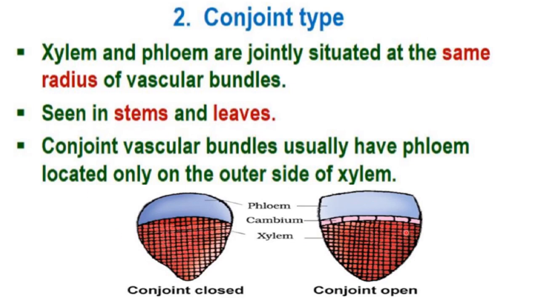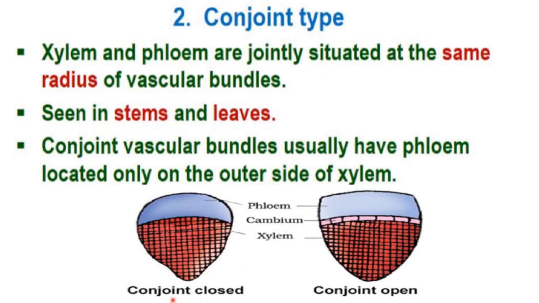And you can see here, in one there is absence of cambium, and in another there is presence of cambium ring. You already know, on the basis of presence or absence of cambium ring, this can be closed type or open type. Because xylem and phloem are present on the same radii, these are of conjoint type, and on the basis of cambium ring presence or absence, these are called open or closed.